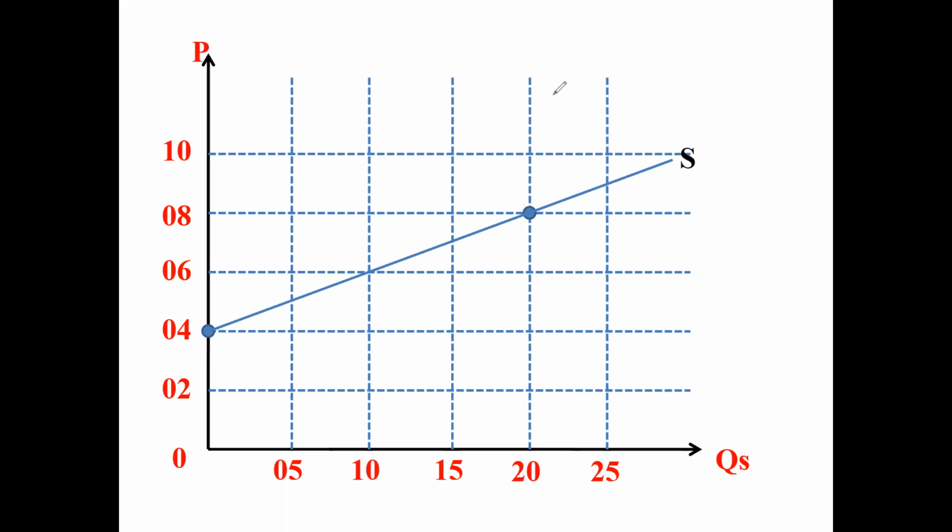So the new 2 points are these. Okay, we got that tax is a vertical gap. Then the new curve is this. You can see the 2 supply curves are parallel to each other.